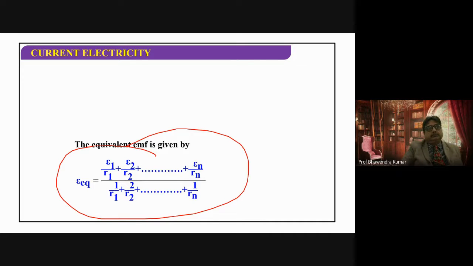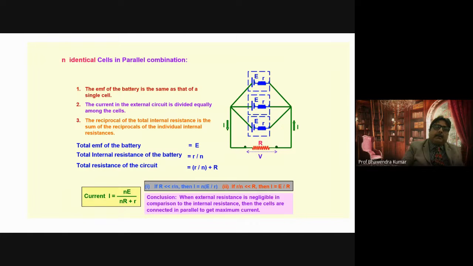And this is the cells in the parallel combination, identical cells. Okay, understood?